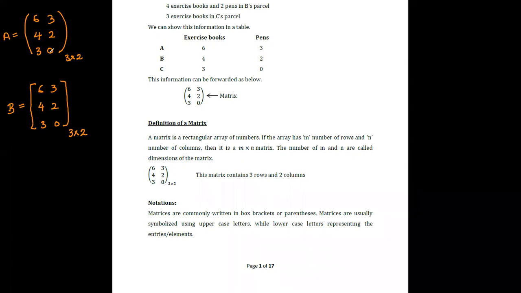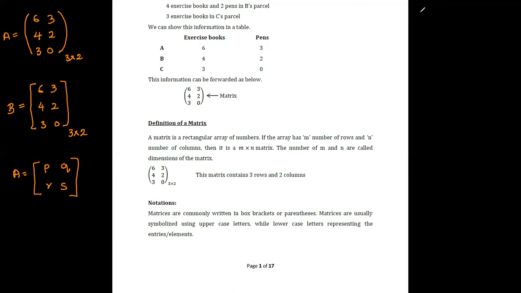But in some situations, once you are naming the matrix with the uppercase letter A, you can see that sometimes the elements are shown as letters, not as numbers. If the elements are shown as letters, then we definitely use lowercase letters to denote the entries or elements. Here we can say it as P, Q, R, S.